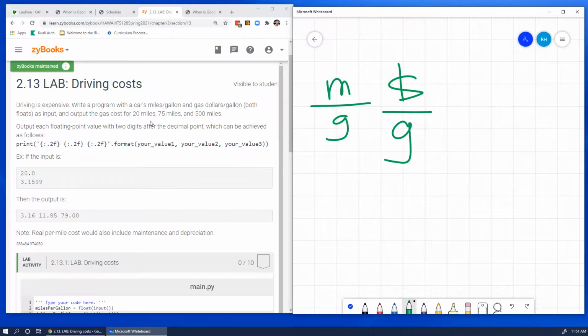And we want to end up with dollars. Oh no, we want to end up with dollars per mile. This 316 here is $3.16 per 20 miles.